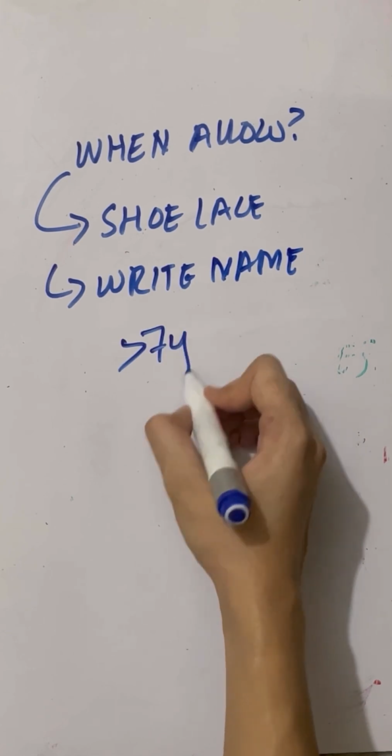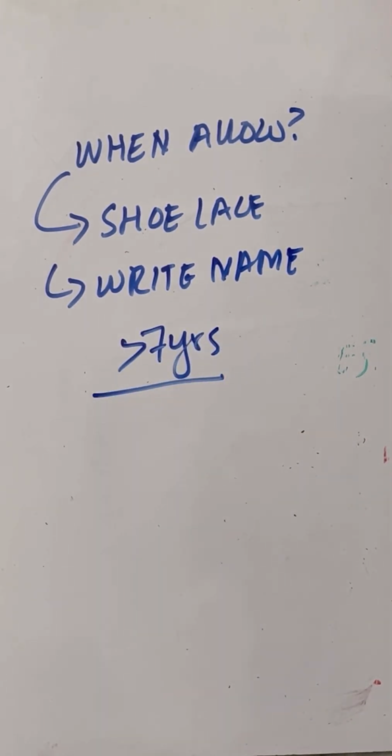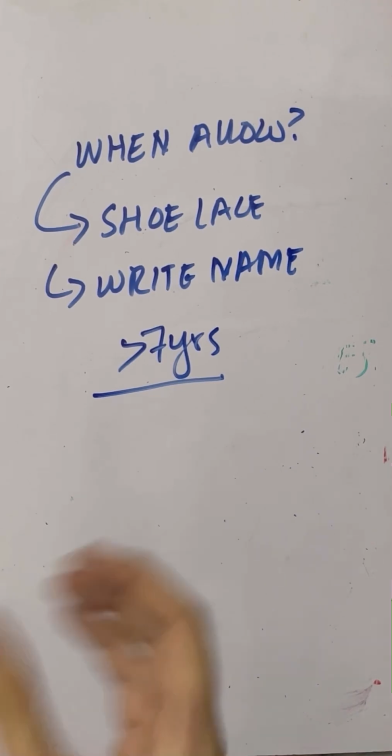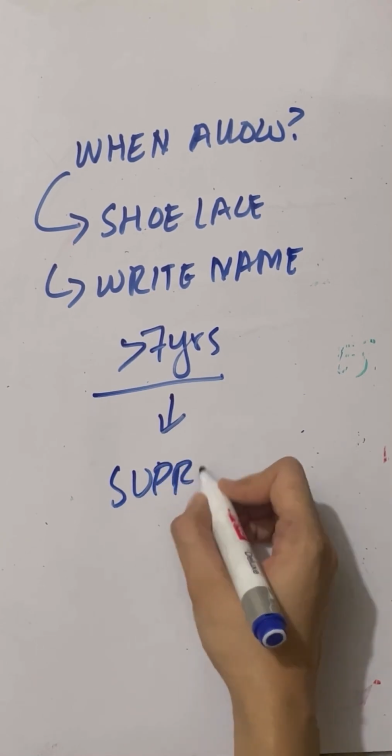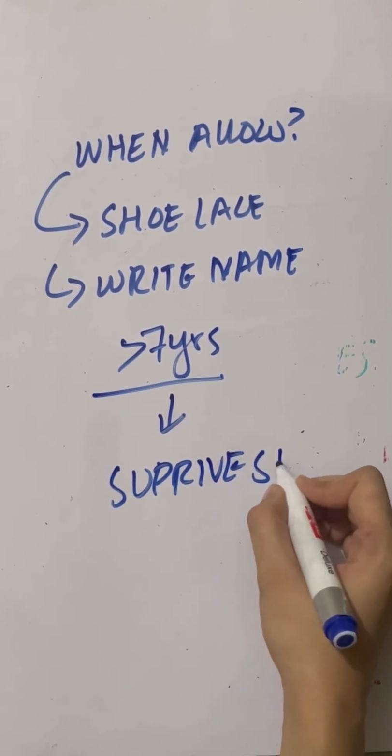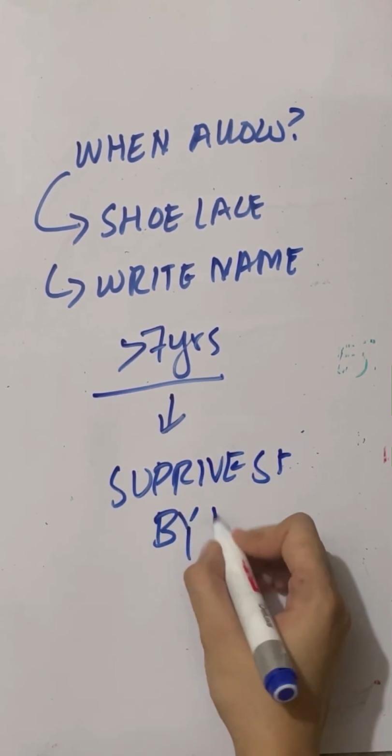Below 7 years, the child cannot brush because he or she does not have manual dexterity to brush. So the children should be supervised by their parents.